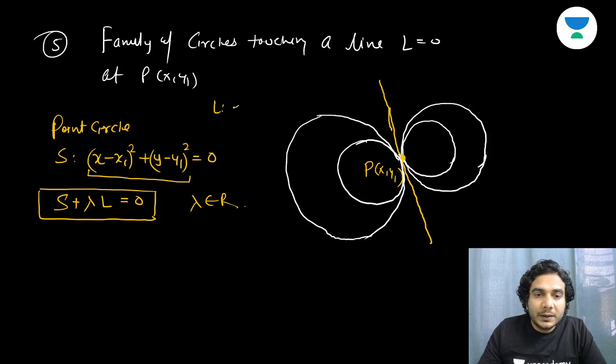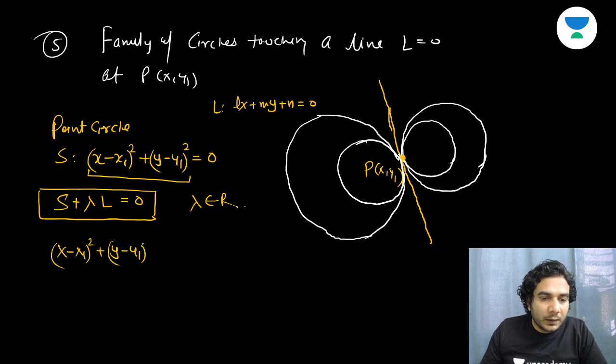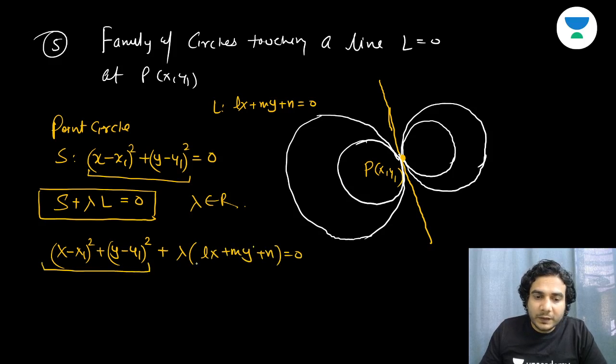So if you take the line as Lx plus my plus n is equal to 0, then you can use (x minus x1) square plus (y minus y1) square plus lambda times (Lx plus my plus n). And you know x1, y1 is going to satisfy this, because this will become 0, and because this point is on the line, this will become 0.